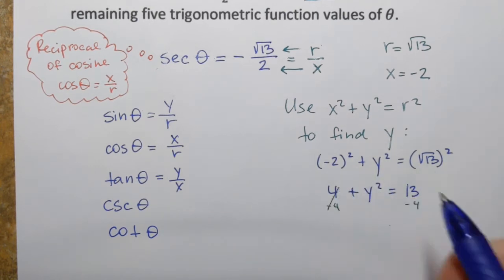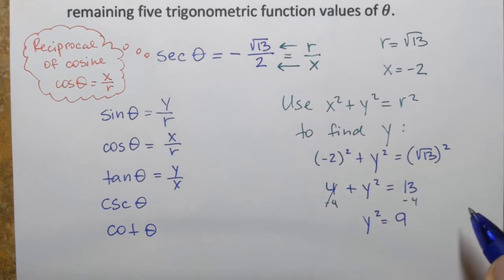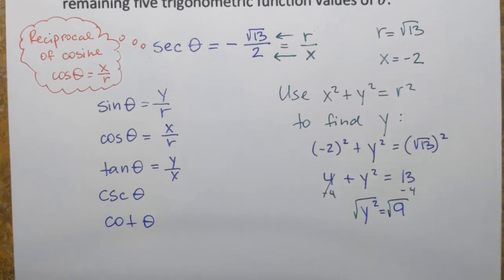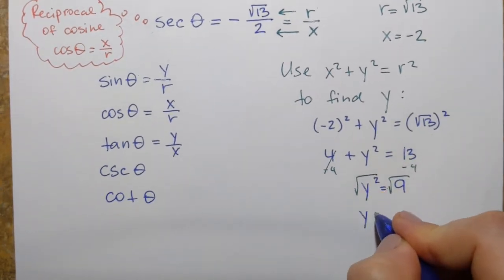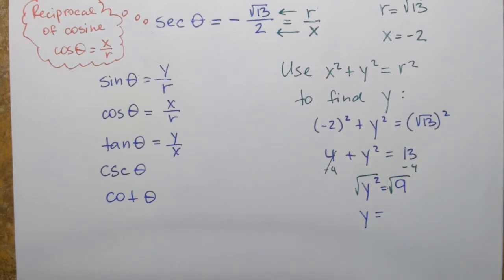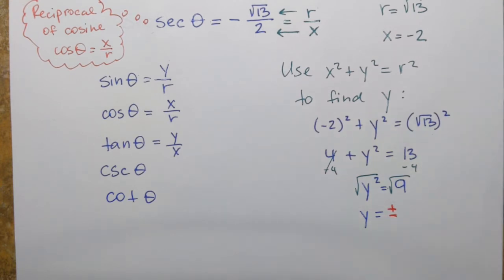So that's y squared equals 13 minus 4, 9. Next, I'm going to take square root of each side. And I'll get y equals, and here I have to remember that I always get both positive and negative values when I square root both sides. So it's positive negative 3, like that.